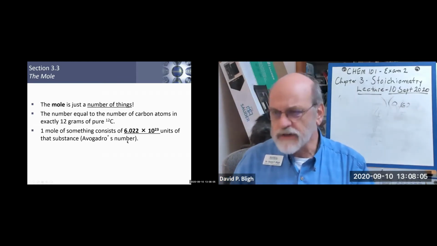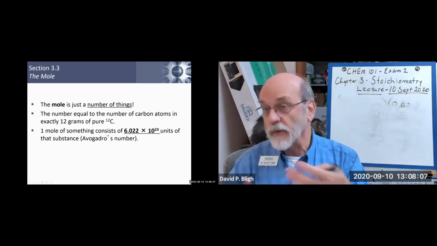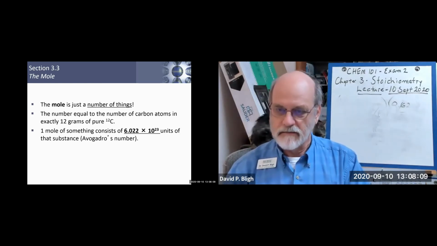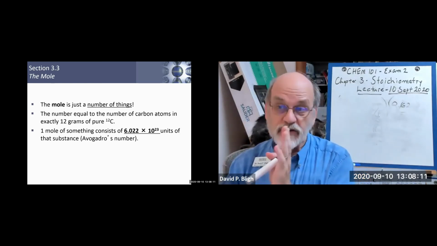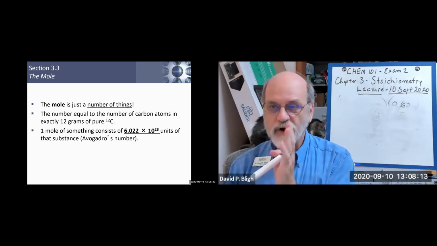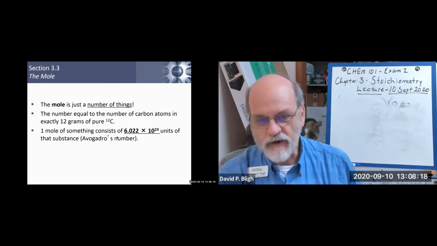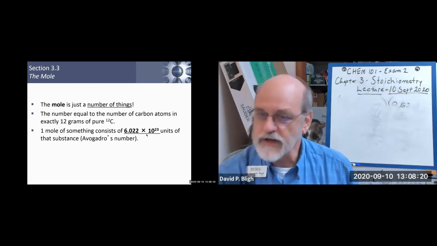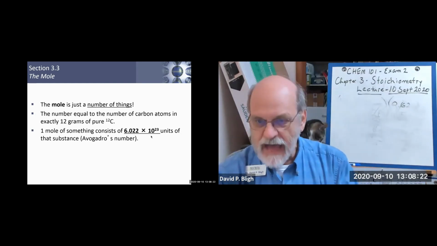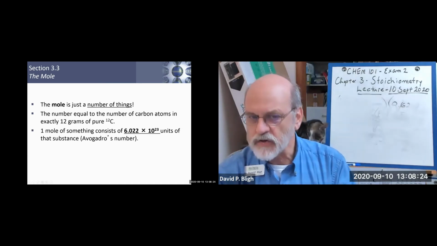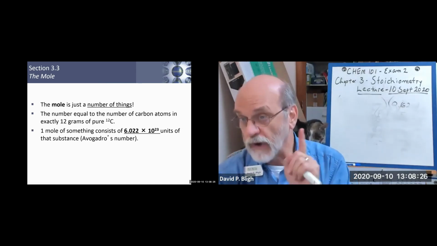Now, Avogadro didn't come up with the number. We're just honoring him because it's based upon his earlier work that we are able to make this determination. So Avogadro's number is 6.022 times 10 to the 23rd atoms, ions, molecules equal to 1 mole.